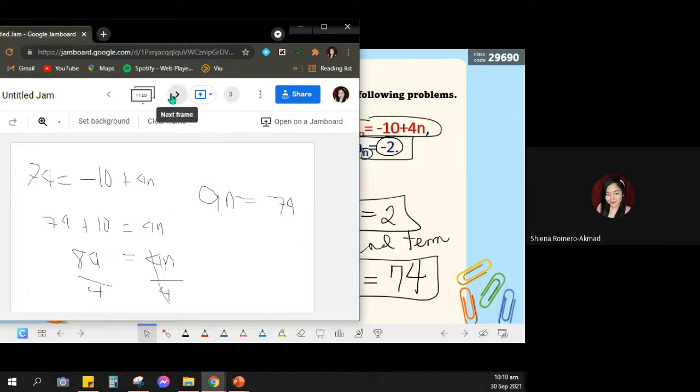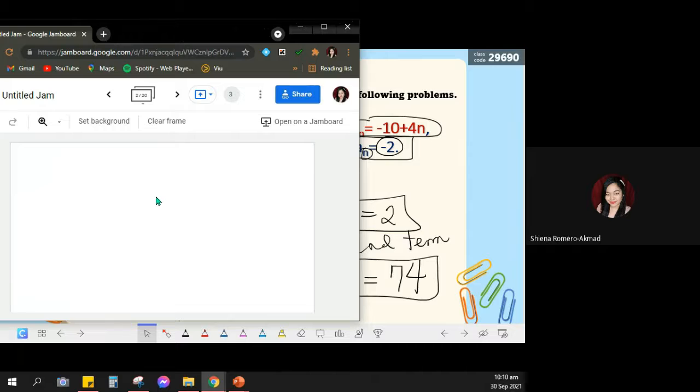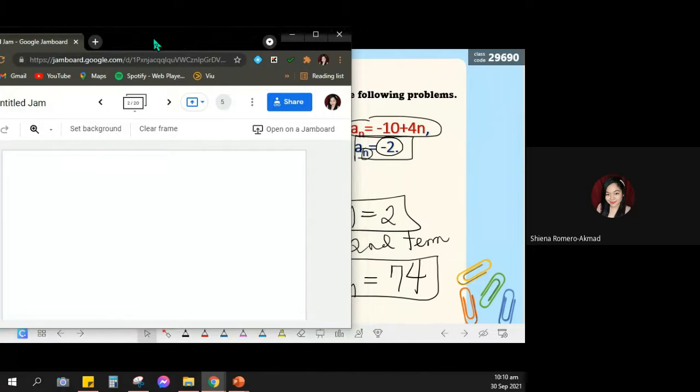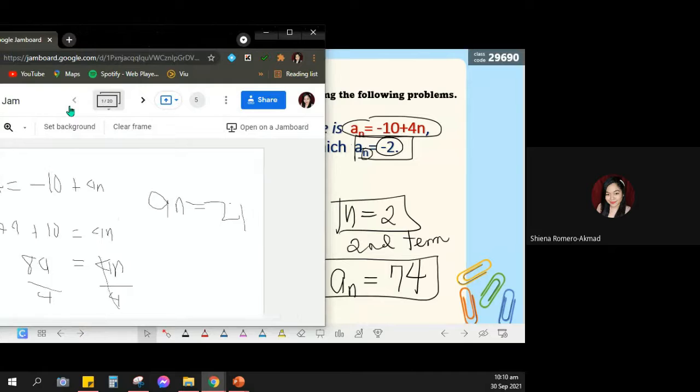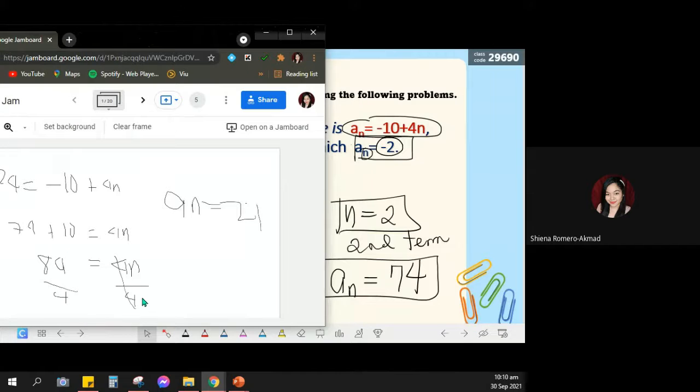Tama ba yung answer ni Juan? How about the others? Medyo kulang lang yung sagot niya. 4 divided by 4 is 1. Cancel na yan. How about this? Ayun, ang sagot niya, 21. Pero is it a sub n or n?